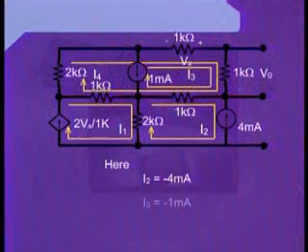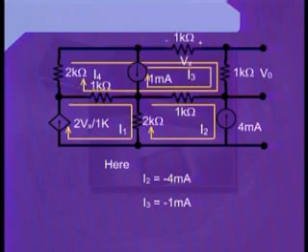For mesh number 2 we can see that there is only one current passing through the mesh, and this current we have already declared as I2. Also we can see that the mesh number 2 is having an independent current source which is having a value of 4 milliamperes.